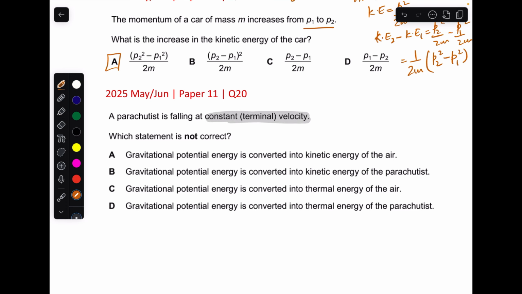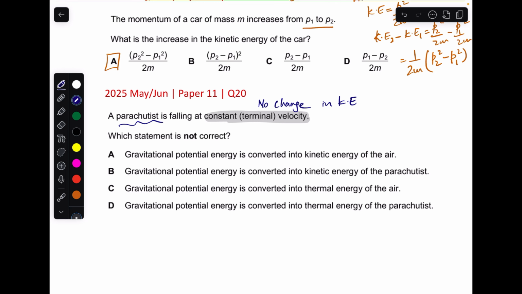So if the velocity is constant, it indicates there will be no change in kinetic energy of the parachutist. In one option, they are telling gravitational potential energy is converted to kinetic energy of the air. That can be done. Gravitational potential energy is converted into kinetic energy of the parachutist. No, that is not possible because the parachutist's velocity is constant. So this statement is incorrect. We have to choose the incorrect one.